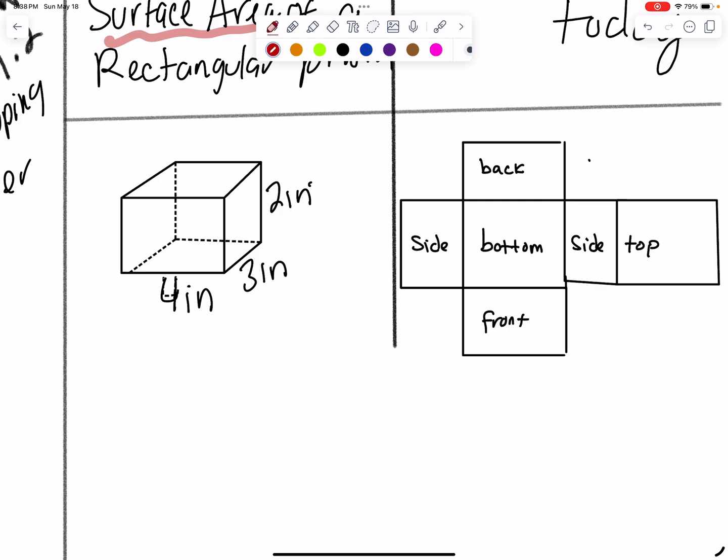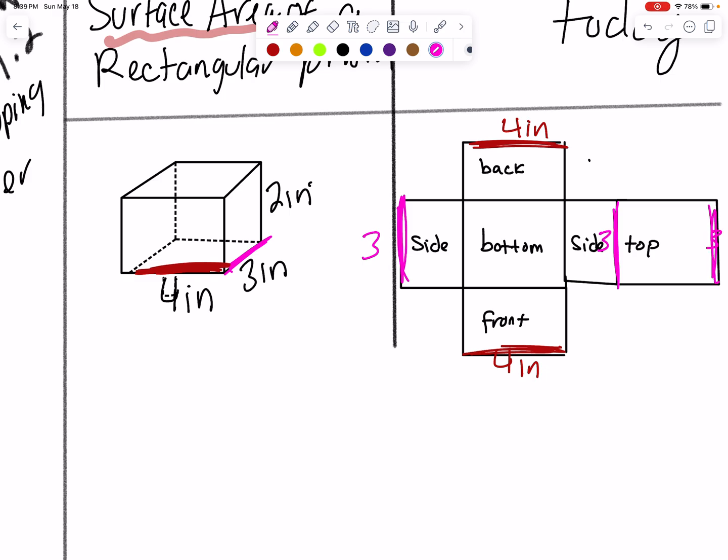They're going to tell you, okay, look at this 4. This 4 is the front and the back, so it's literally right here. So this is 4, 4. Now let's look at this 3. This 3 is on the side, so you go side, side. So it's going to be 3, 3. If that's 3, then this is also 3.